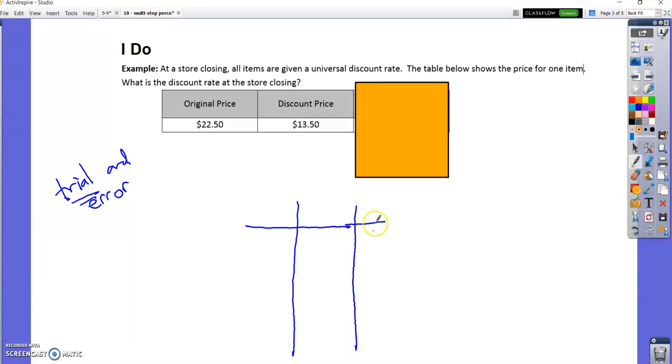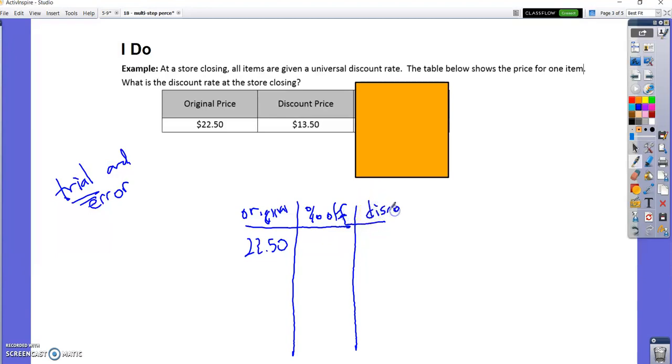Here's how I'm going to think about it. If the original price is $22.50 and I do the percent off, then what will be my discounted price?